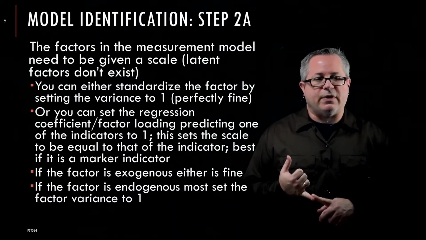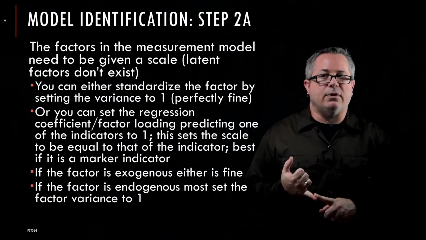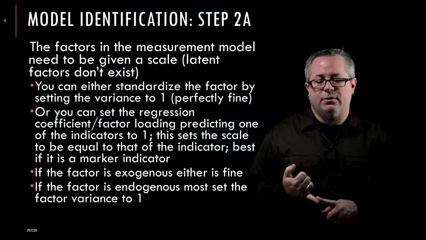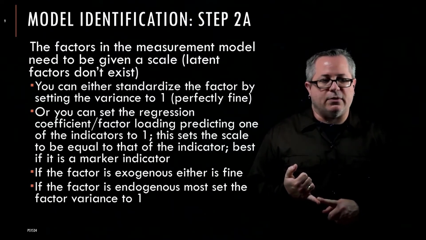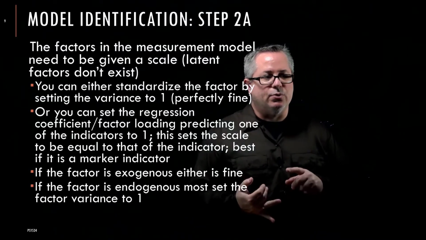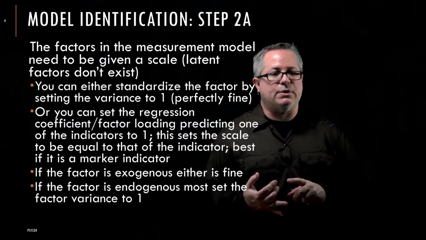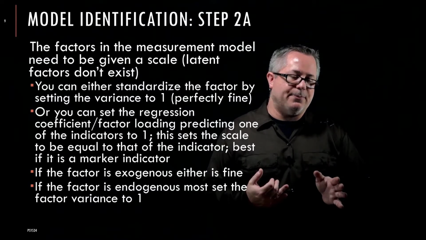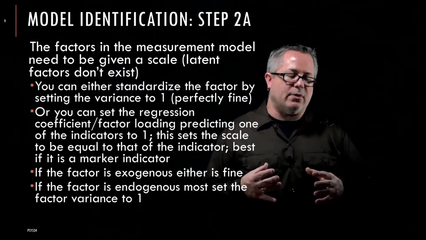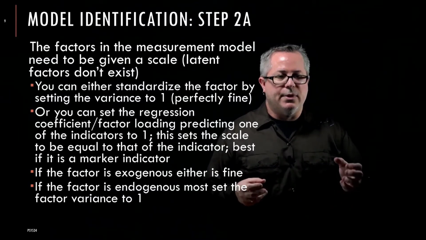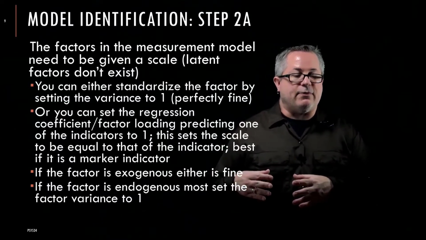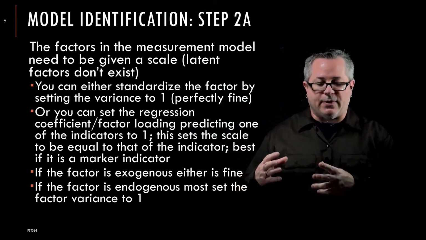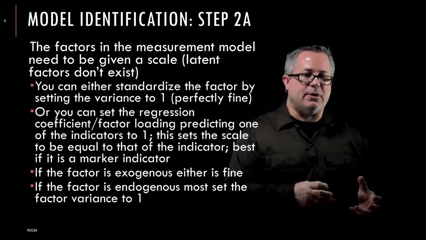Or you can decide on one of the indicators of that factor. You can set the loading of that factor to 1, and then that sets the scale of the factor equal to whatever that item is. It doesn't mean that the items are the same thing. It just means that now when you estimate the variance of the factor, you are getting that variance in the same metric that the item is measured in.